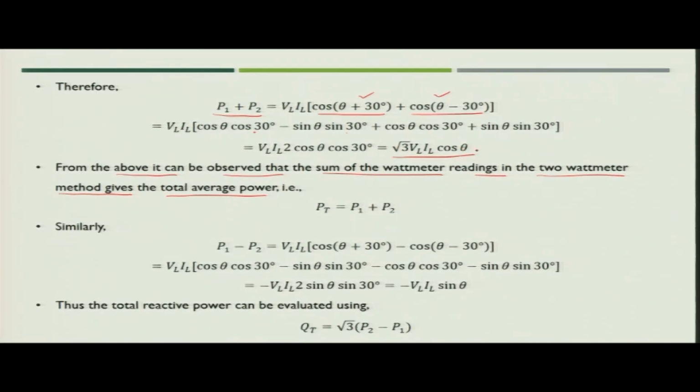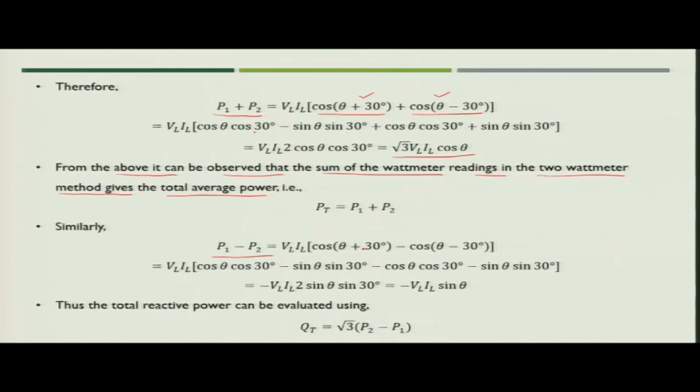This is what we get from the 2 wattmeter algebraic sum. So, this justifies that the total sum of 2 wattmeters will give us the total real power consumed by the 3 phase load.